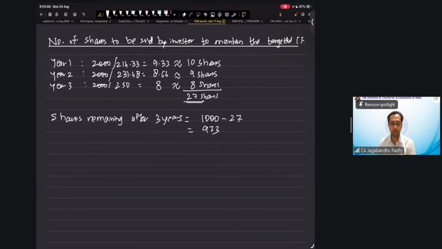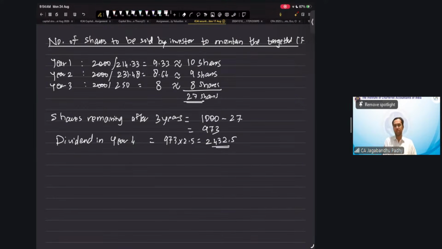Now we need to check whether we are going to get the dividend as intended after 4 years. So the dividend in year 4 will be 973 into 2.5, which is 2432.5.